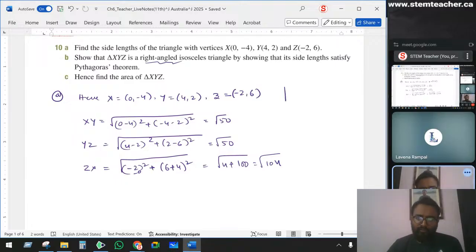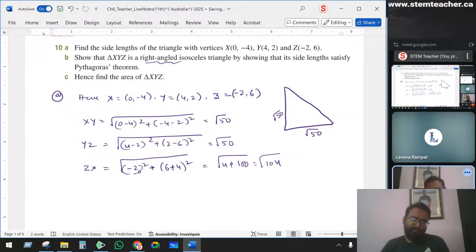In a right angle triangle, two sides being the same length means this is root 50, this is root 50. 16 plus 36 is 52, 50 plus 50 it is 104.